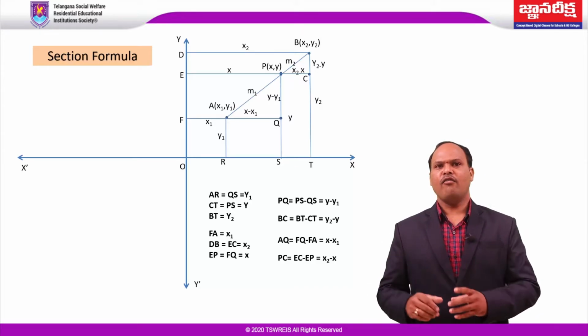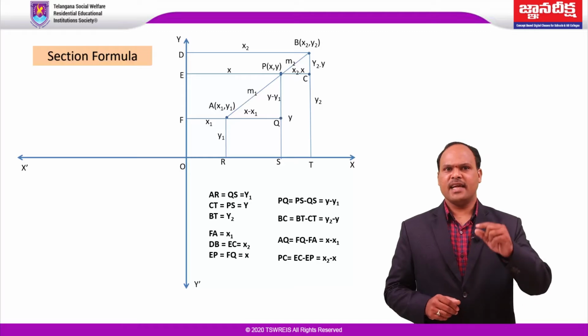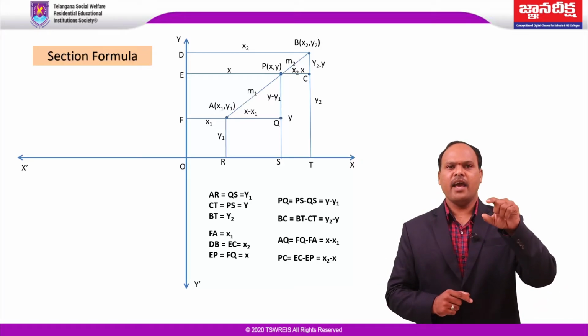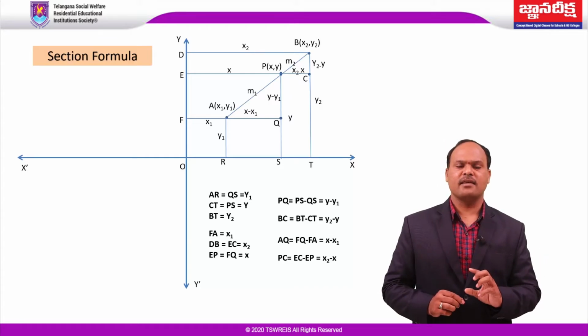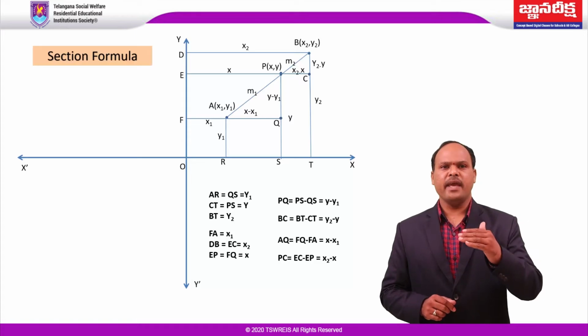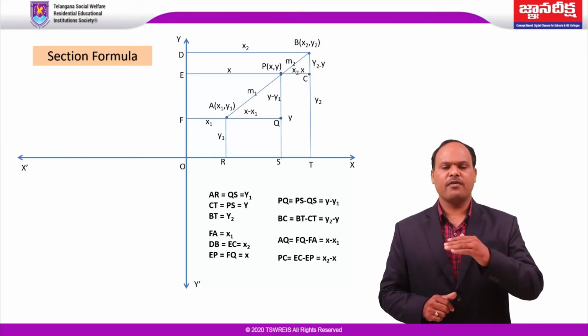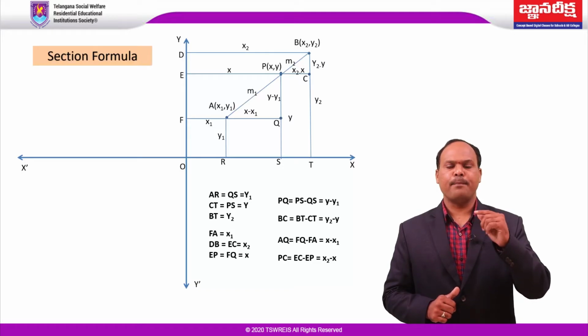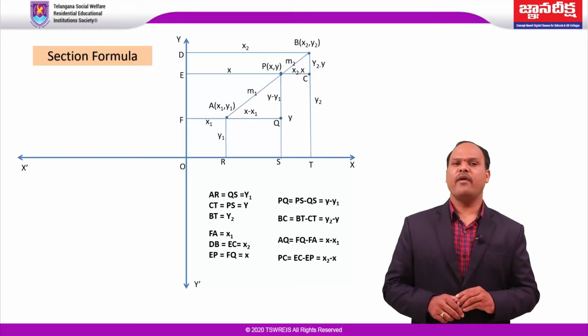We need to take some values. See the diagram, AR, which is the distance from the x-axis. AR, which is equal to QS, is nothing but y1. Now CT is equal to PS is equal to y, the distance from the x-axis. Now what is the distance of point B from the x-axis? BT, which is equal to y2.